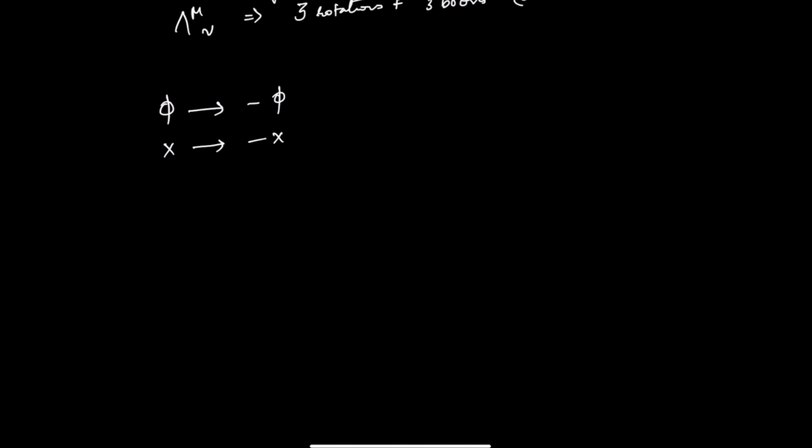In both these cases the action is invariant as it is quadratic in phi. So they do not involve continuous parameters. Therefore, such symmetries are called discrete symmetries. They do not involve continuous parameters.